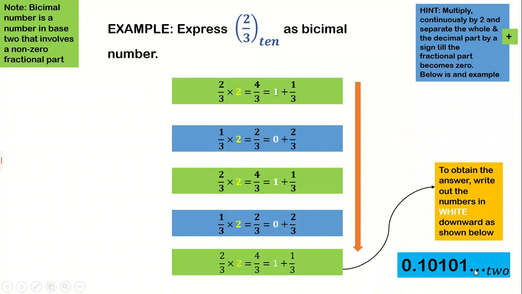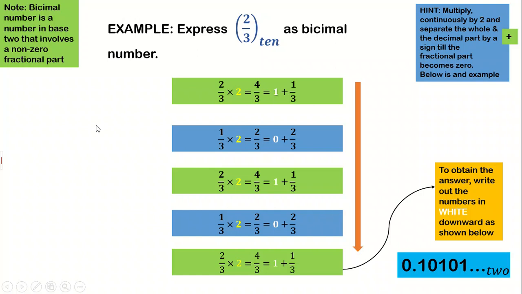I put a continuous dot there because this value is going to be continuous 1s if you continue doing this. That is the nature of the question. Some questions have an end, but here it's not going to have an end. It's going to be a kind of periodic occurrence, okay? So you have 0.10101.